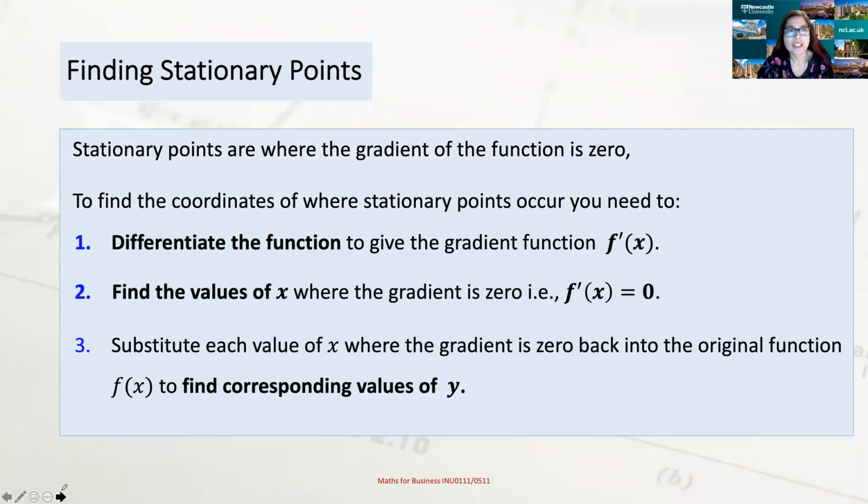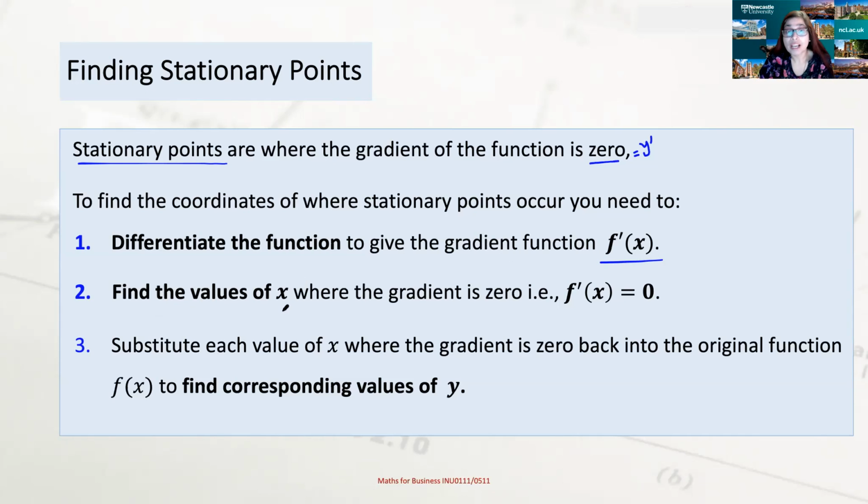So stationary points are where the gradient of the function is 0. At the stationary point, the gradient dy by dx is 0, or y prime is 0. To find the coordinates of where the stationary points occur, first you need to differentiate the function to give the gradient function.